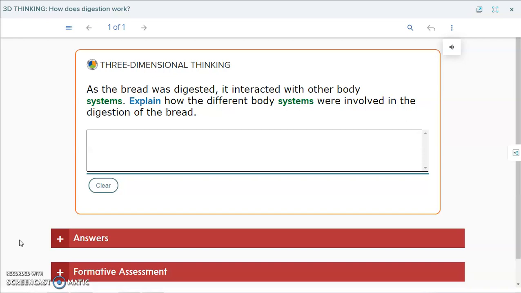As you remember, earlier in this period, we talked about the contractions of the muscles. So, this is the muscular system. And we talked about absorption of nutrients by blood vessels. So, this is the circulatory system. We are going to answer now.